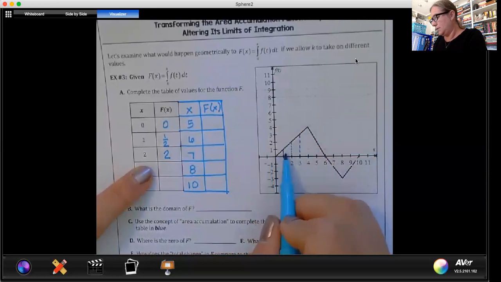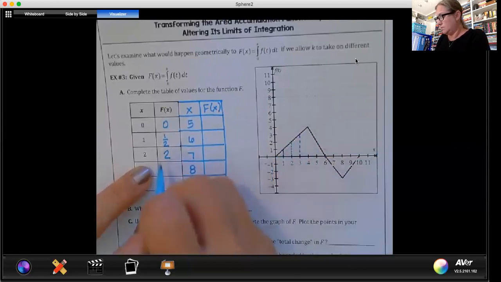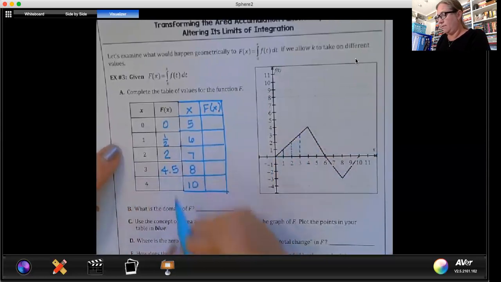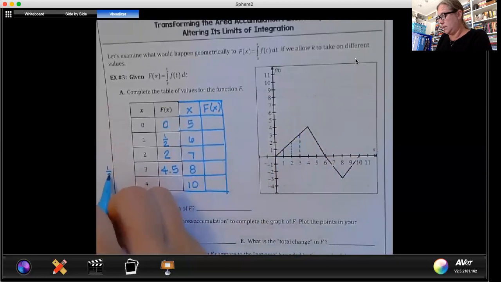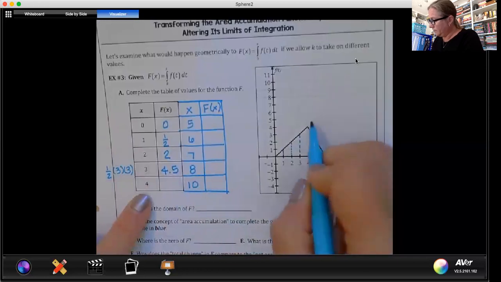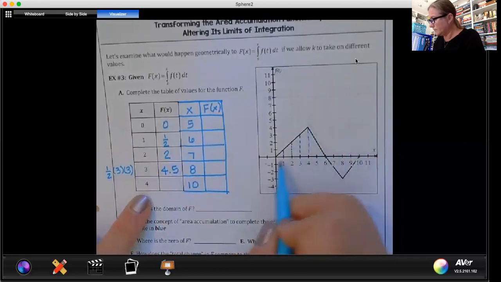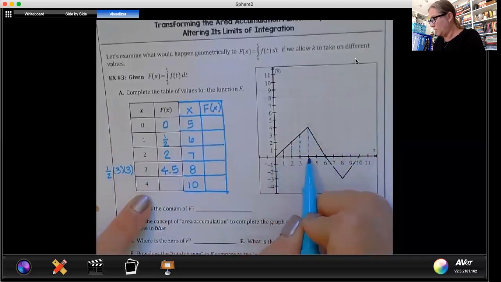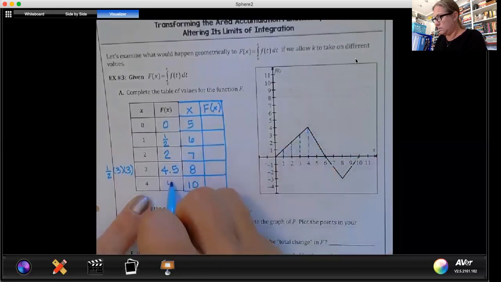We can do the accumulation function and find 2 trapezoids plus a triangle, or we can just do one big triangle. So 1/2 times 3 times 3 is 4.5. And you're welcome to write that out to the side. This is 1/2 times 3 times 3. And 4, another triangle. 1/2 times 4 times 4 is 8.